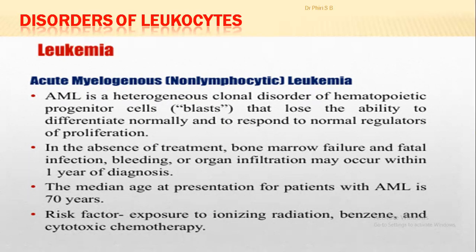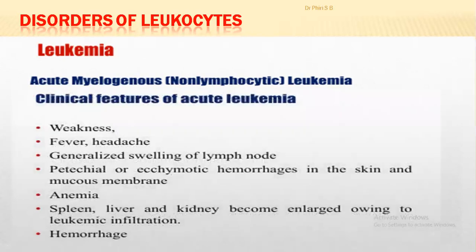Certain drugs that are meant to kill cancerous cells can also attack these kinds of cells and result in leukemia. The clinical features of acute leukemia are weakness, fever, headache, generalized swelling of the lymph nodes, petechiae, ecchymotic hemorrhage in the skin and mucous membrane, and also anemia. The spleen, liver, and kidney become enlarged, splenomegaly and hepatomegaly, due to infiltration of these cells.